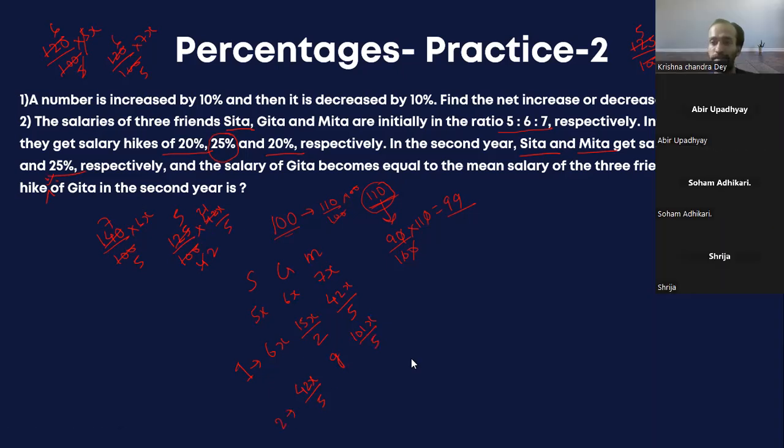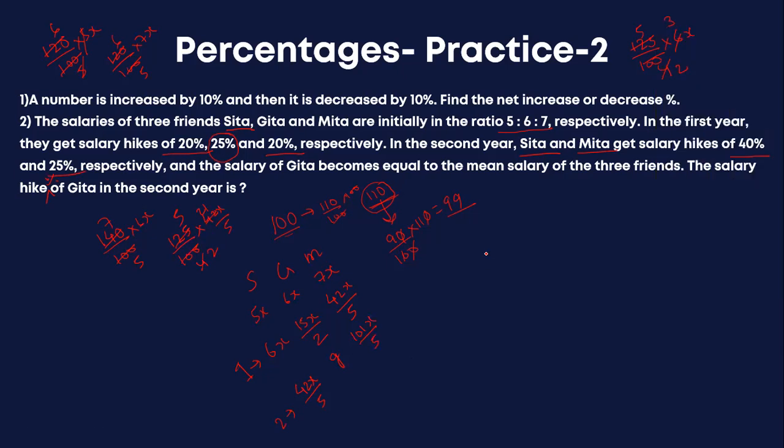Now the question is saying the salary of Geeta becomes equal to the mean salary of the 3 friends. Salary of Geeta is G, right? What will be the mean salary? 42x by 5 is Sita's salary.